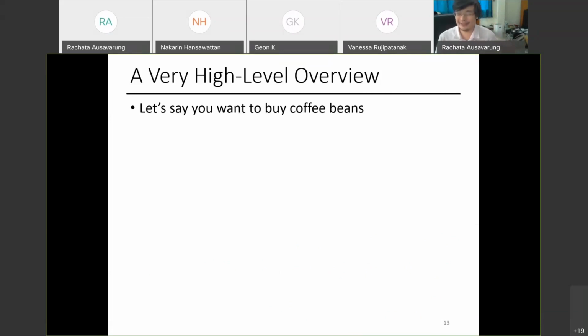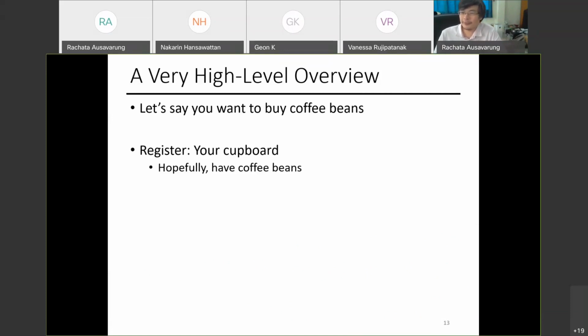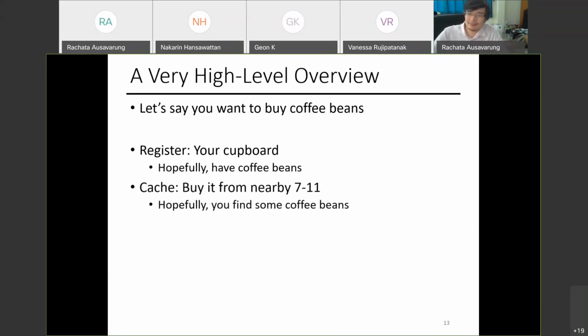I give you this example. Let's say I want to buy milk or coffee beans. The first thing registers, the quickest place you can go to: your fridge, your pantry, your home. Then if the thing you look for is not there, you need to walk to the nearby 7-Eleven or nearby market to actually get what you want to buy.